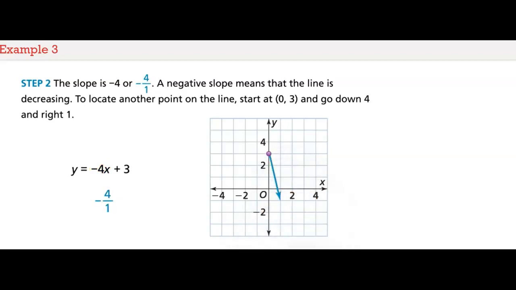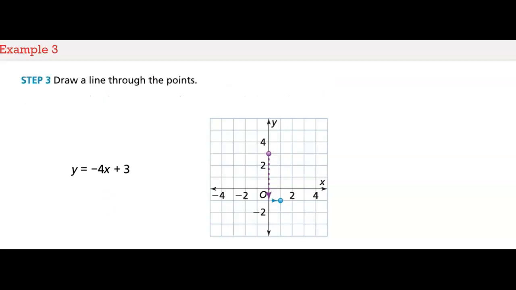A negative slope means that the line is decreasing. To locate another point on the line, start at the point of coordinates 0, 3, and then go down 4, and right 1. Plot the second point at the coordinates 1, negative 1. The third step is to draw a line through the 2 points. This line represents the equation y equals negative 4x plus 3.